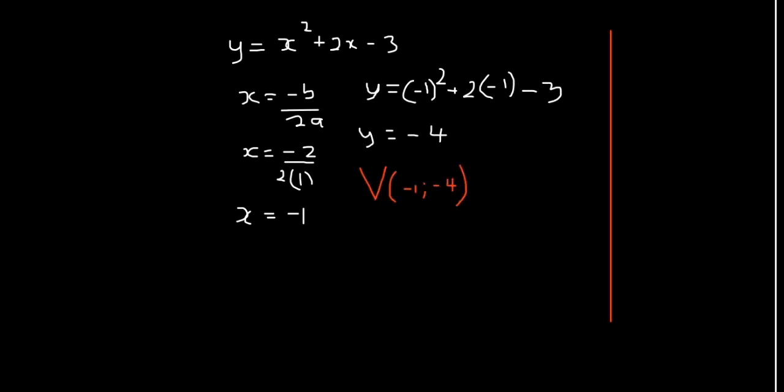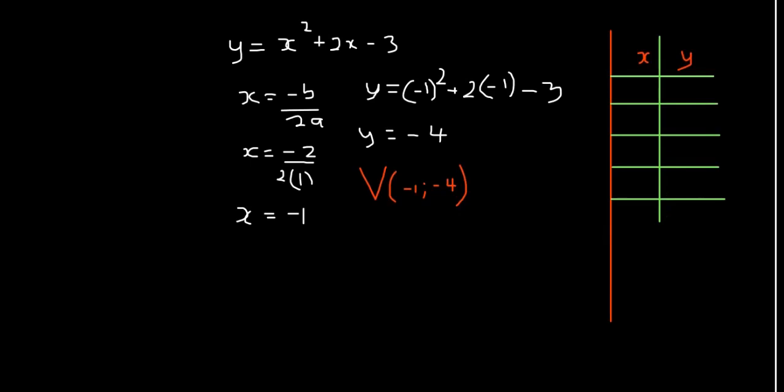Our table will have x here and y here. That's our table. We are going to use this vertex point, but we always start here in the middle and say we've got negative 1 and negative 4 for the y value at this vertex point. All right, this is negative 1 and negative 4. Two points on top, two points downwards. From this x value going upward, you are going to decrease the values.